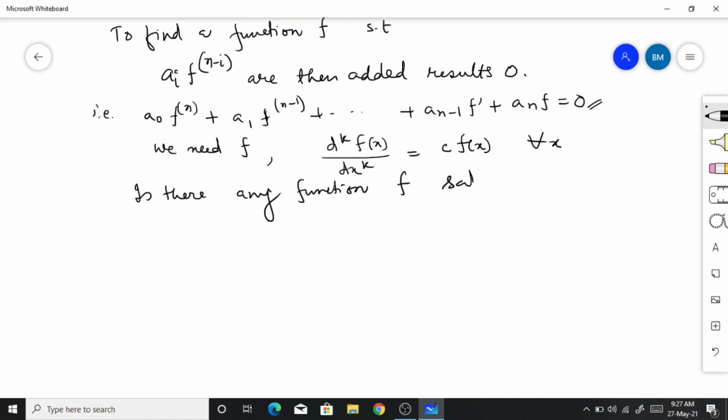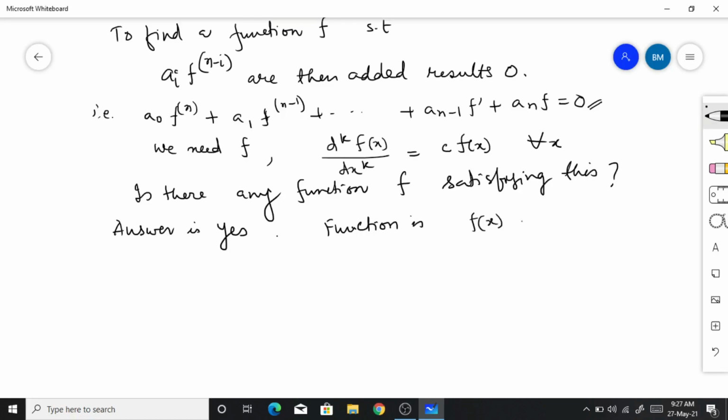Such a function is f(x) = e^(mx), where m is a constant.